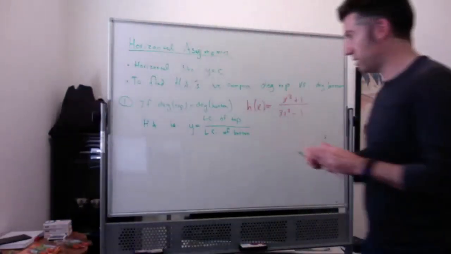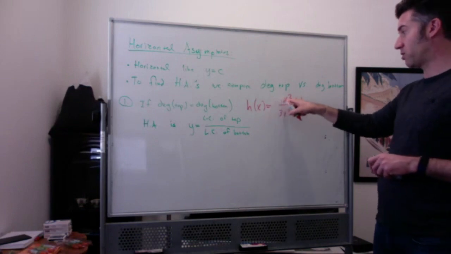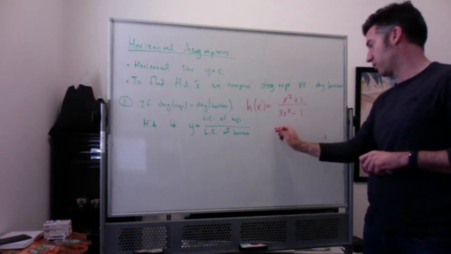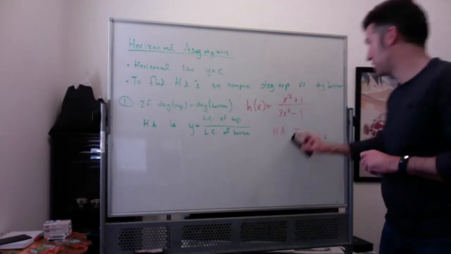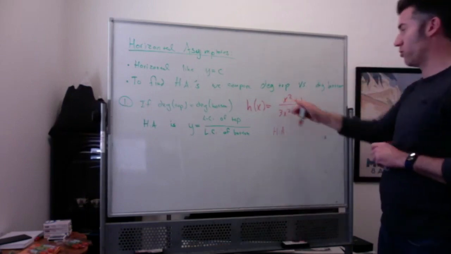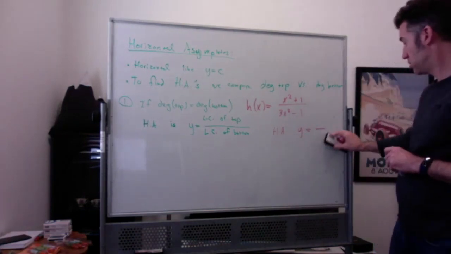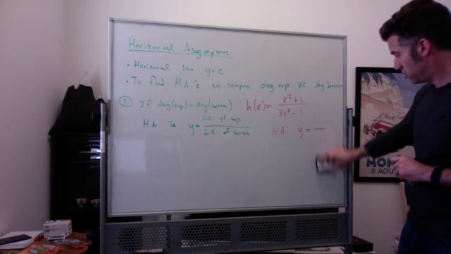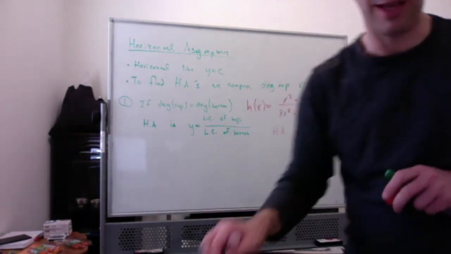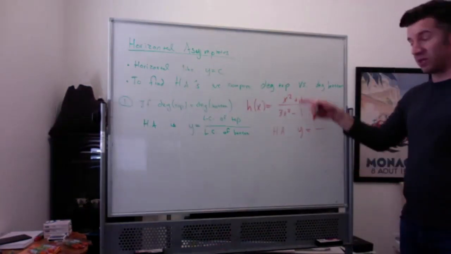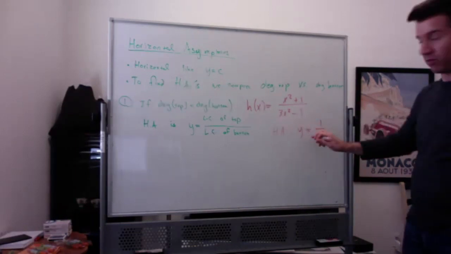In this particular case, for h of x equal to x squared plus 1 over 3x squared minus 1, let me ask you guys, what is the leading coefficient on the numerator? Well, you've answered the final question, Jonathan. Yes, the final answer is 1/3. The leading coefficient in the numerator is 1, and the leading coefficient in the denominator is 3.